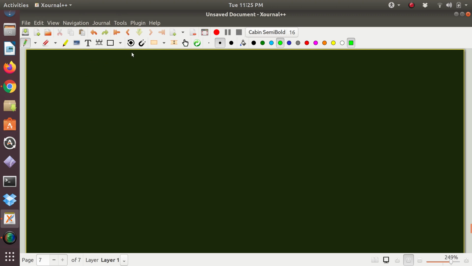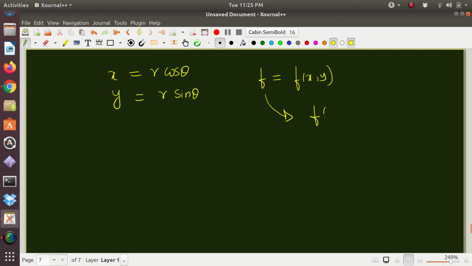Let me choose a different color. So I'm going to consider the change of variables of this function from xy to r theta. This is often used or done in transport phenomena. Okay, now if you have a physical variable which is a function of xy, by using this transformation you can change this function to a function of r and theta.